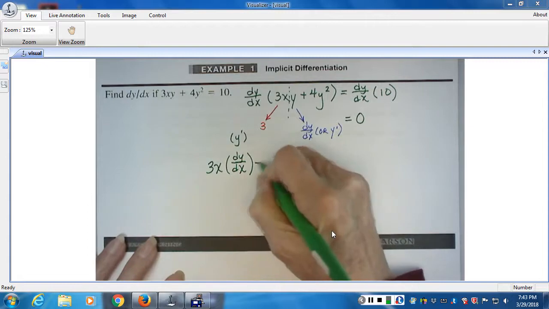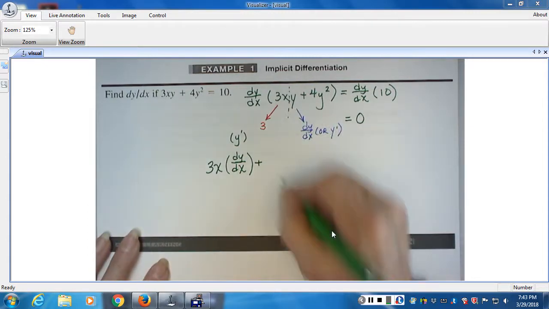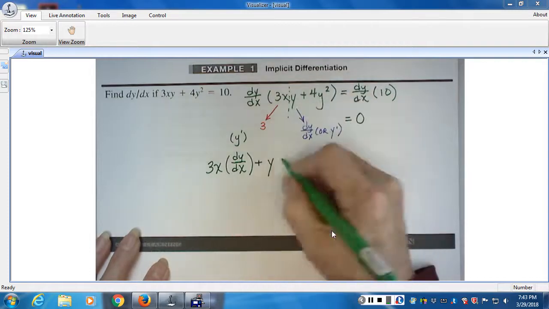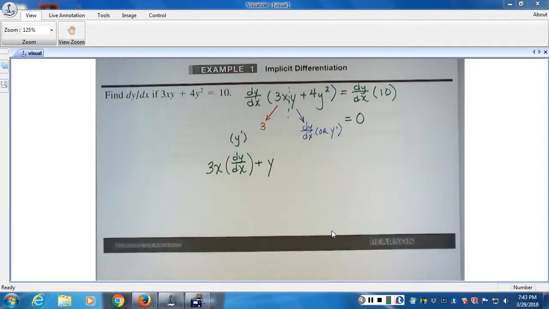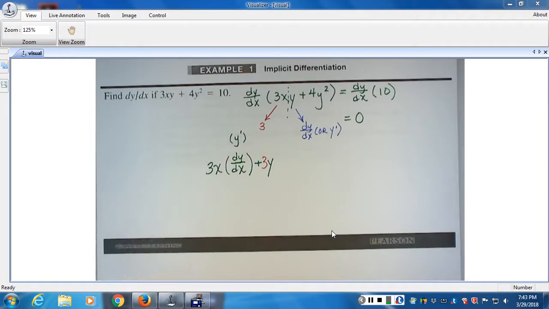Plus the second factor, the second part, times the derivative of the first, which is 3. So we have differentiated now the first term. It doesn't look like what you're used to seeing, but that's okay. We're going to keep going.